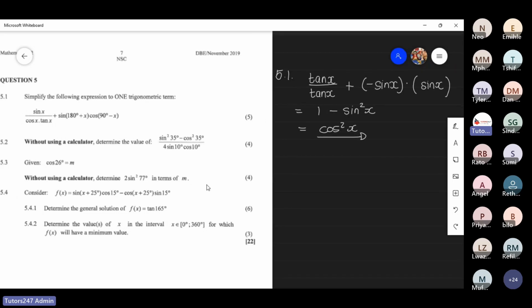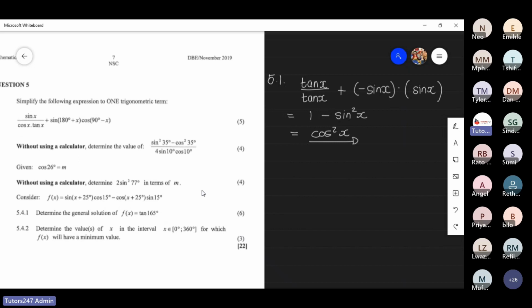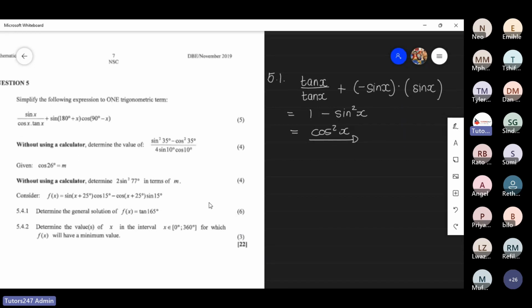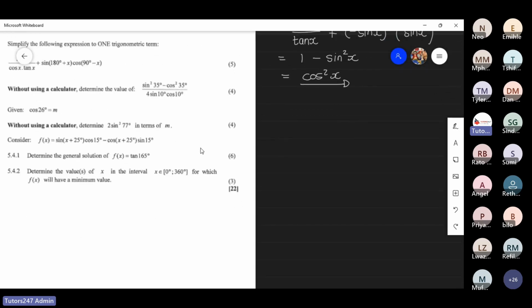Now, if we look at question 5.2, it states: calculate without a calculator, determine the value of sine squared 35 minus cos squared 35 all over 4 sine 10 cos 10.